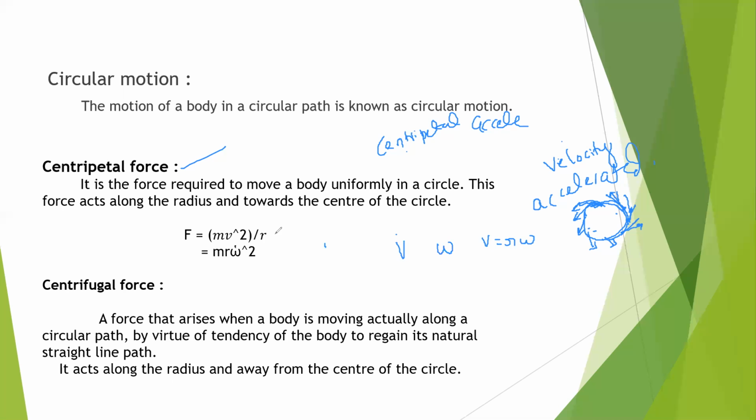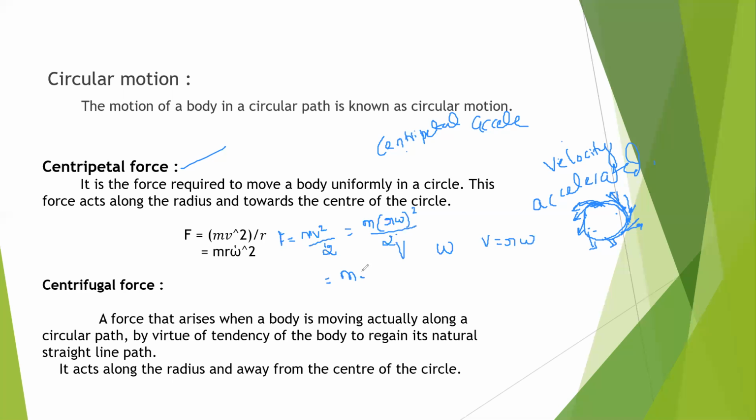Here the centripetal force F is equal to mv square divided by r. Now I'll substitute the value of v, which is r omega, so it becomes m (r omega) whole square divided by r.